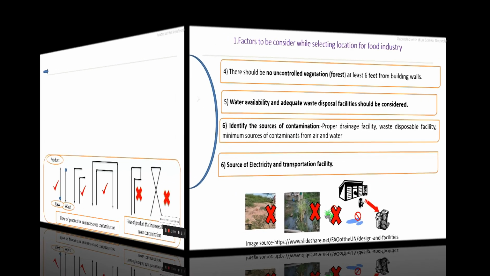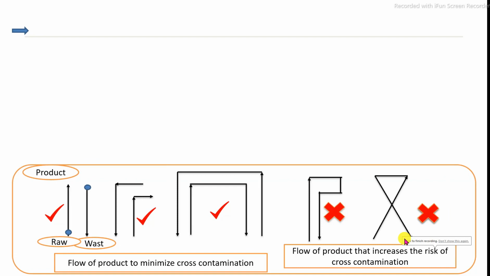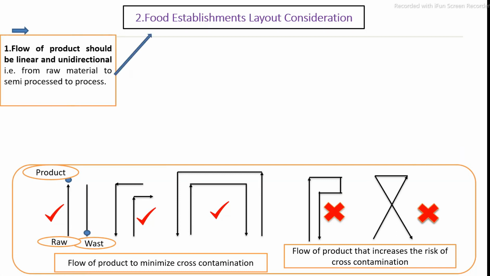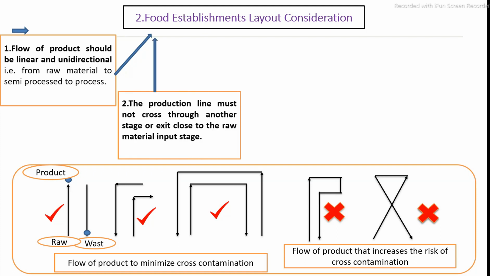After proper selection of the location to set up the food processing industry, the next point is to properly design the layout of that food industry. During the design, some points should be considered. First, draw the processing flow sheet of the production process, and design with respect to it. The design consideration is that the product flow should be in a linear direction.